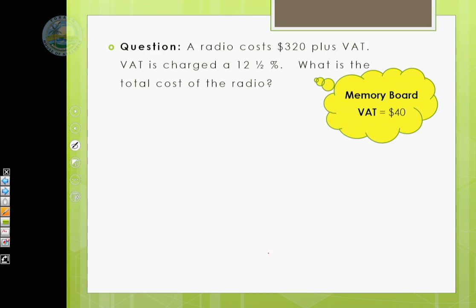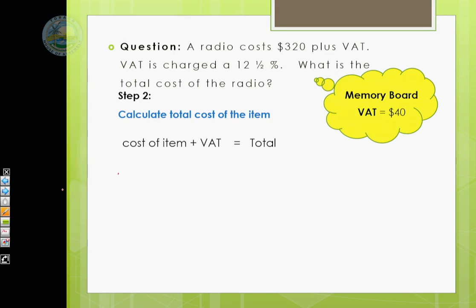After finding V.A.T, remember that the V.A.T is $40. So now we calculate the cost of the item. Remember, when V.A.T is added, the cost of the item increases. So the cost of the item plus V.A.T equals the total.